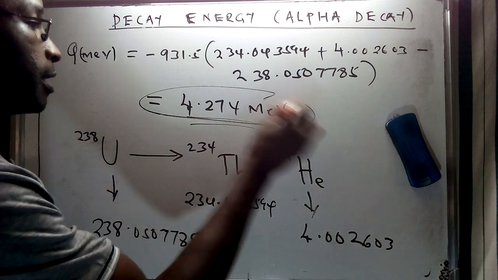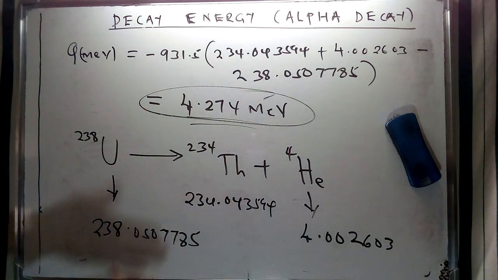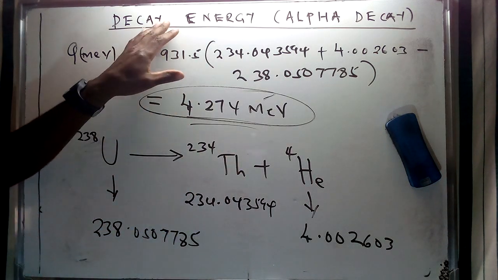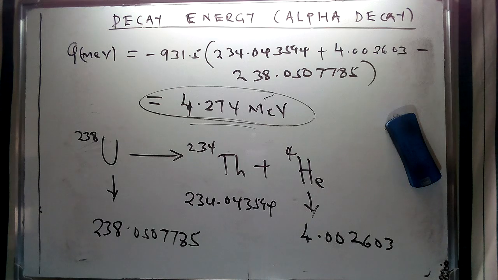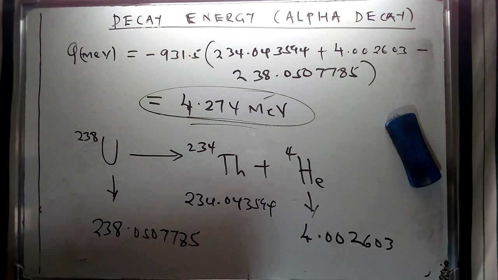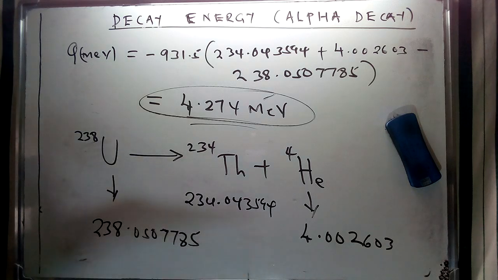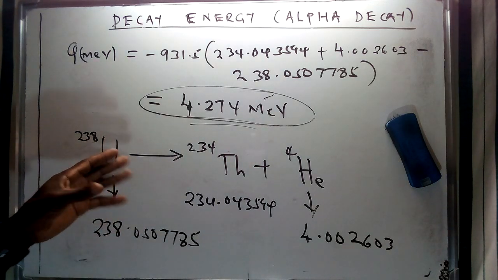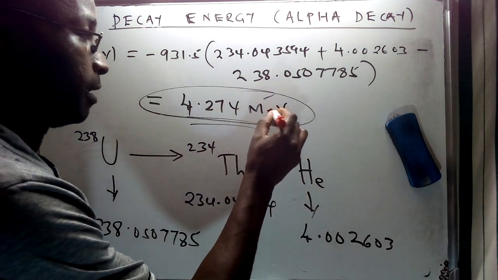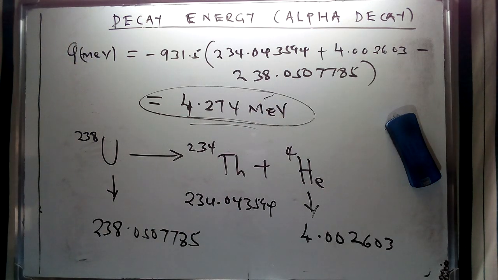Now this one, in collaboration with others, will assist us in describing these Q values for various radioactive processes apart from the alpha one that we have done in this video. So catch us in our other videos where we're going to look at various other examples, especially on the other radioactive decay processes that we have already discussed in some of our videos.